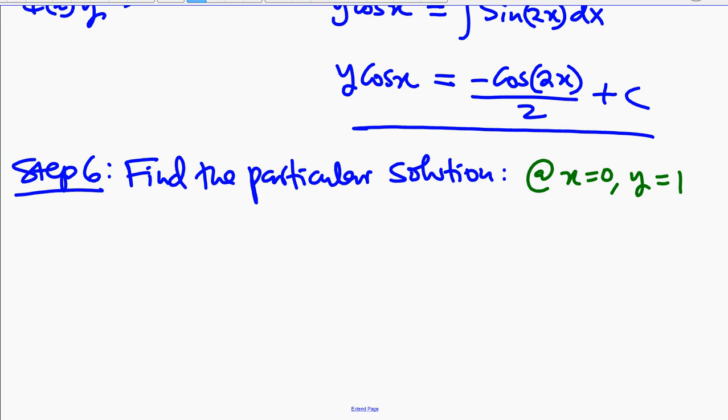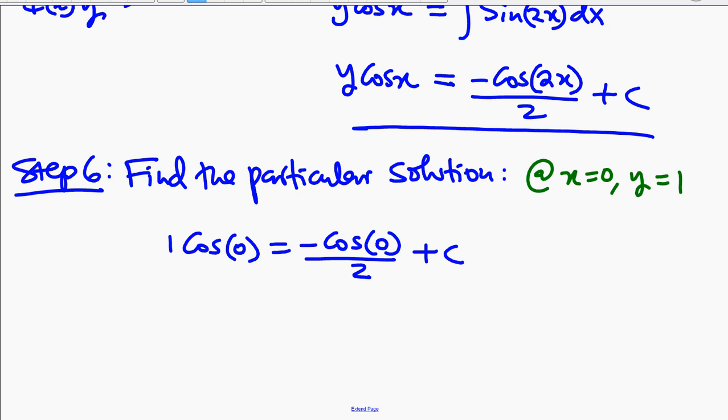So what we'll have is 1 multiplied by cos 0 will be equal to negative cos 0 divided by 2 plus c, which means that c will be equal to, right, let me just go step by step, no rush. So 1 will be equal to negative a half plus c. Therefore, c will be equal to 3 over 2.